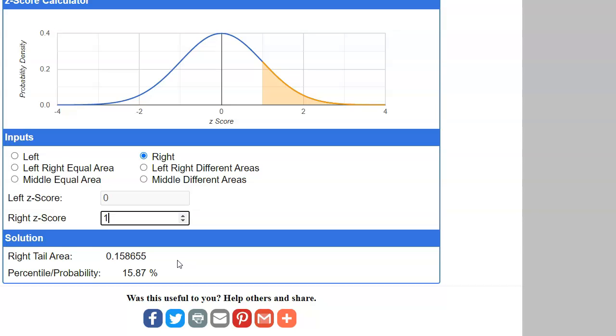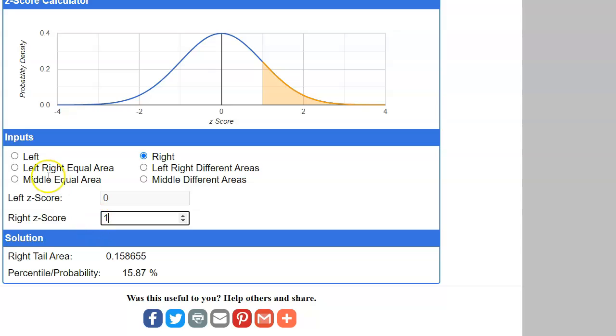If I were to ask, what is the probability of someone having a z-score above 1? The probability is 15.87%. If I had data from a population and asked what is the percentage of individuals who got a z-score above 1, it would be 15.87%.